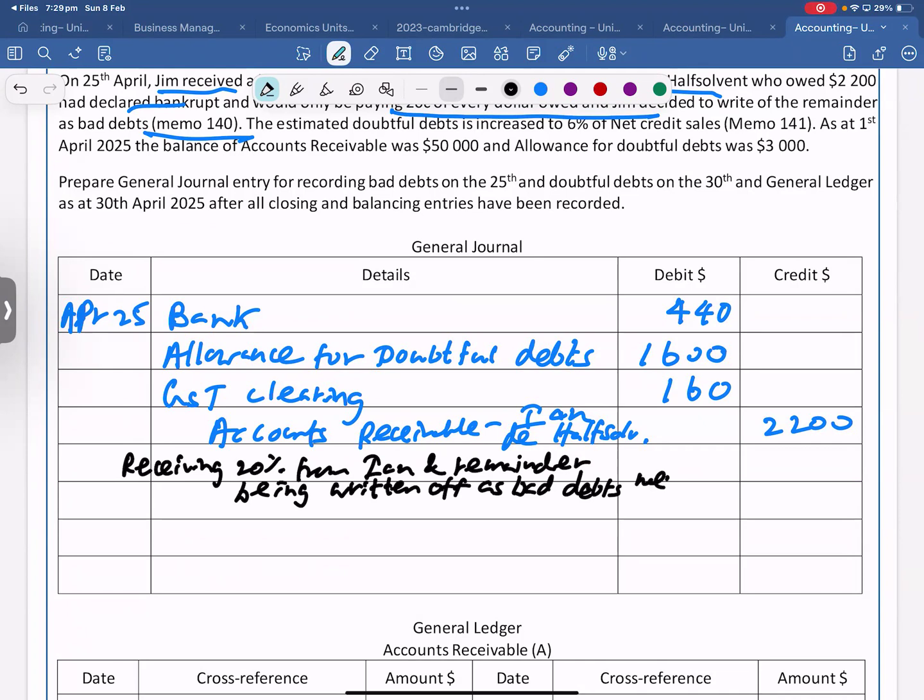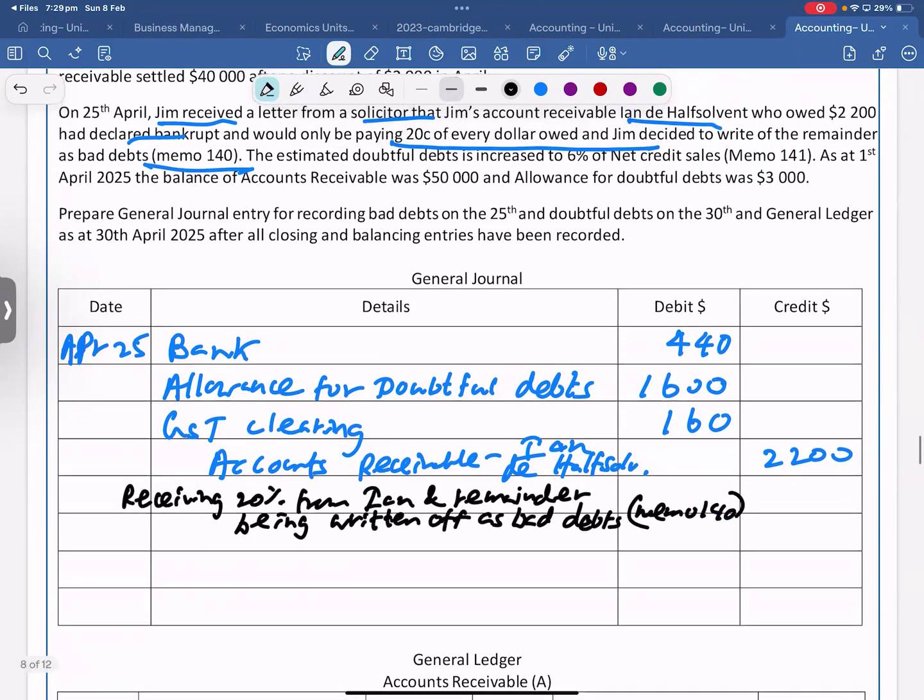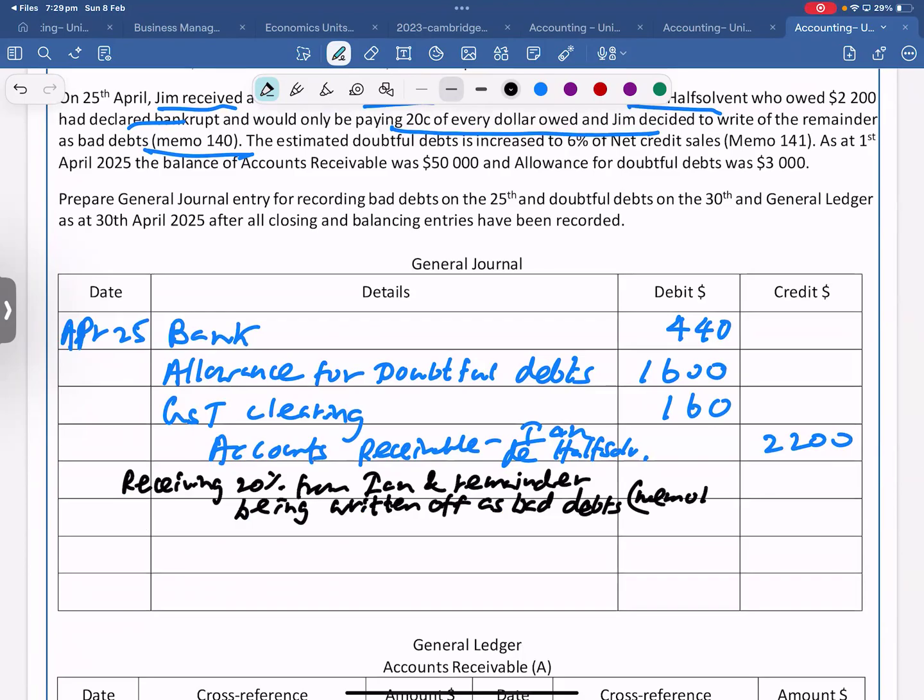What is it, memo 140? Yes. What about memo 141? Is it 141 or 140? Sorry, 141 says the estimated doubtful debts. The other one is correct. 140, yes, 140.